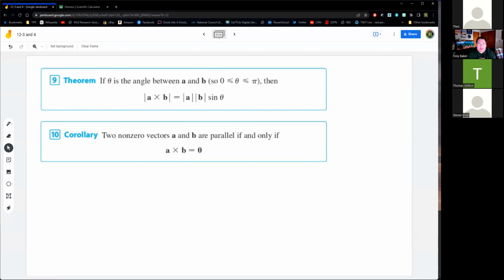The cross product will help me figure out if two vectors are parallel to each other. Because the angle between them is basically nothing because they're parallel, the sine of zero makes the cross product 0.